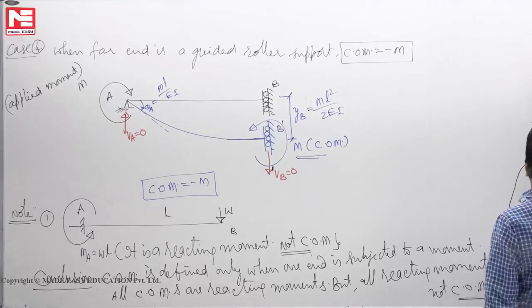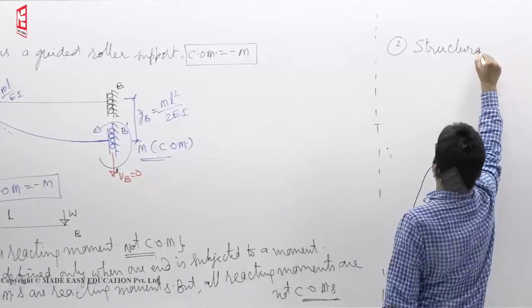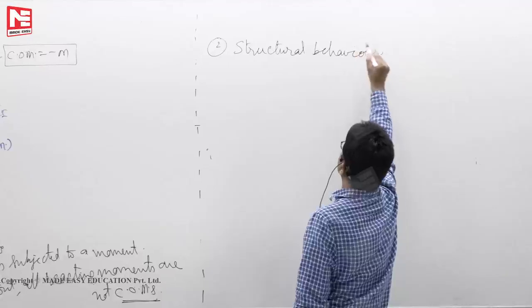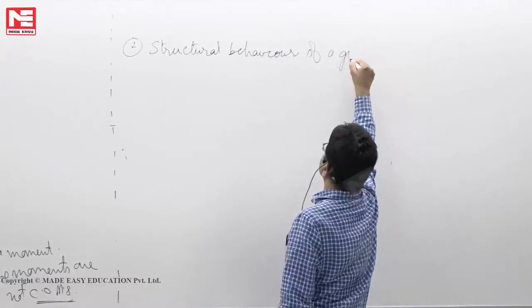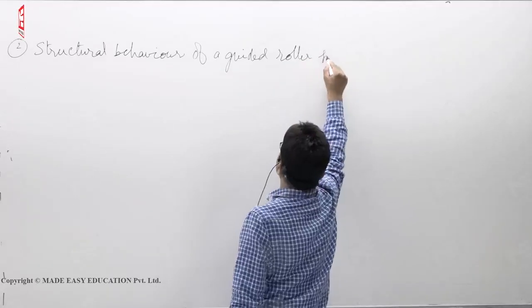Second point, structural behavior of a guided roller support.